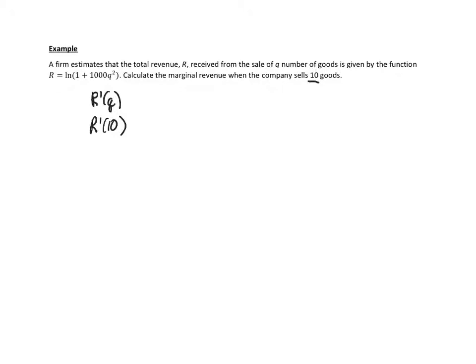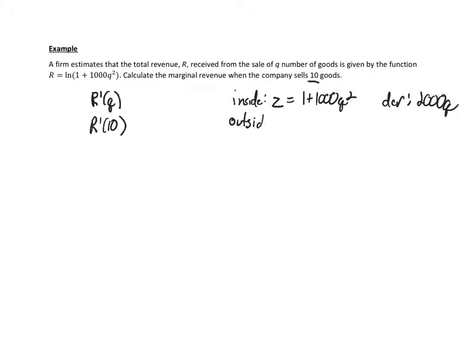Since we have something inside the natural log, the inside function here, we're going to call z, would be the 1 plus 1,000 q squared. If you took the derivative of that thing, the derivative of the 1 would be 0, and the derivative of the 1,000 q squared would be 2,000 q.